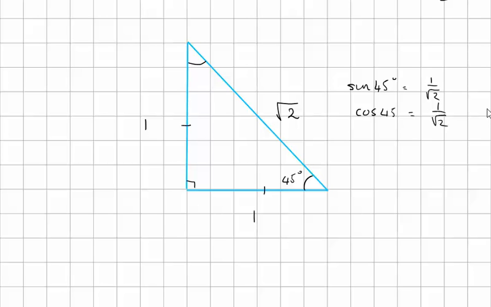They're at the same point, they intersect. And then finally, the tangent of 45 degrees is 1. Simple then.